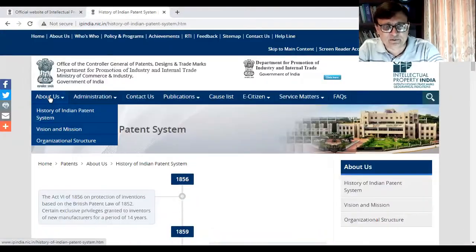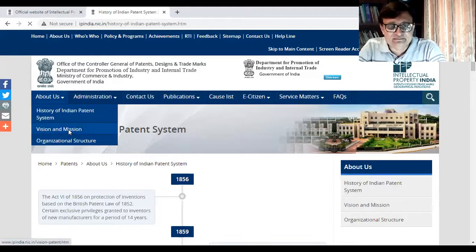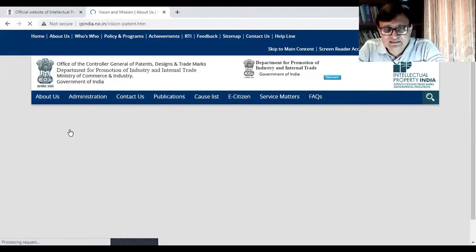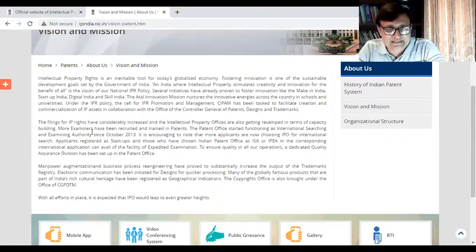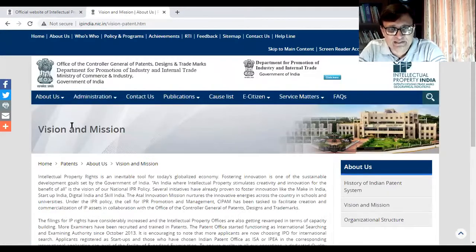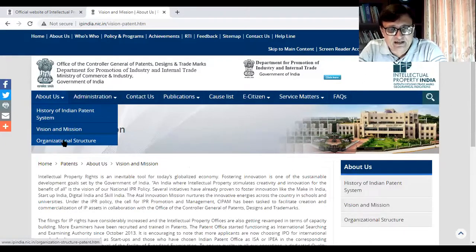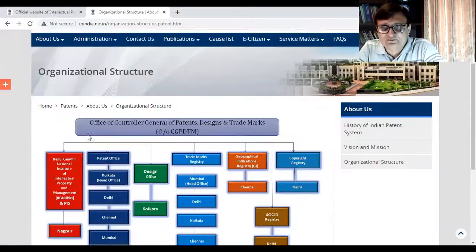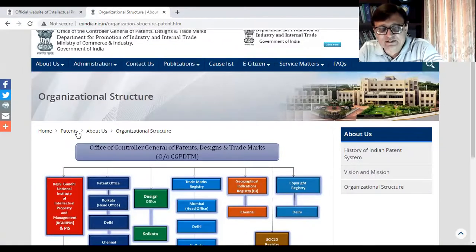Here you can also find the vision and mission of Indian intellectual property, and all these things are explained. Similarly, the organization structure of the Office of the Controller General of Patents, Designs and Trademarks is given here.